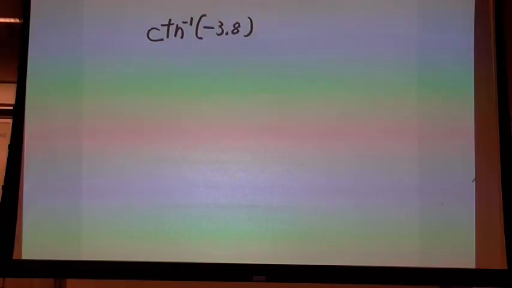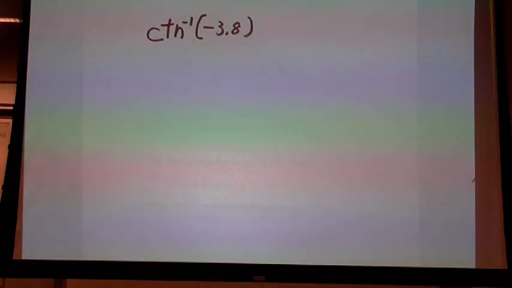Okay, so we've been dealing with inverse sines, cosines, and tangents, all of which you can find a button for on your calculator. But not for inverse cotangents, or inverse secant, or inverse cosecant.